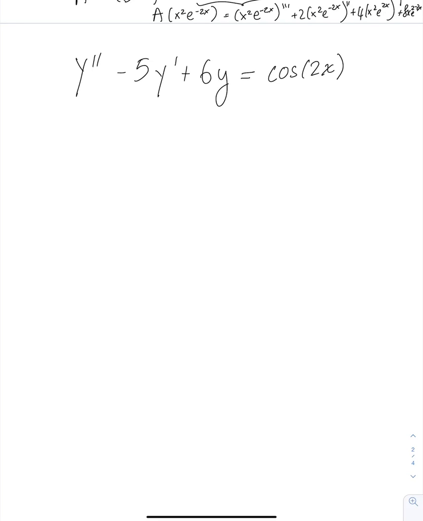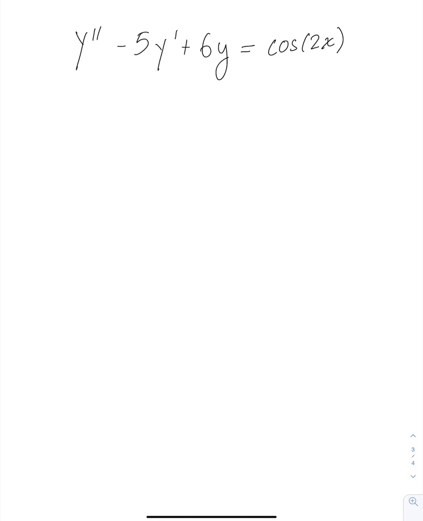Okay, so let's take a look at this. Now we want to solve this constant coefficient inhomogeneous differential equation. So what we're going to do is first let's take a look at cosine 2x. What operator annihilates cosine 2x?